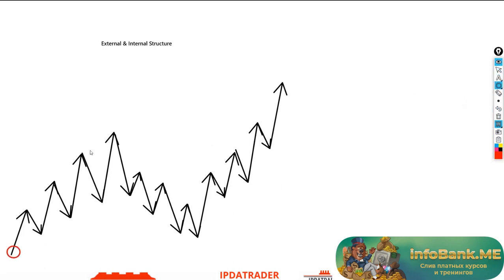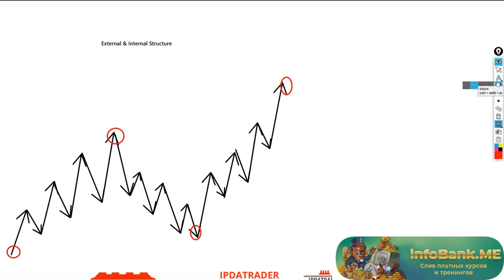So this right here would be your external structure. None of this nonsense in the middle where price is going up and down. The major swings that make the skeleton of the structure, right? Because you really need to think about structure like a human body, right? Your external structure would be the skeleton of your body.